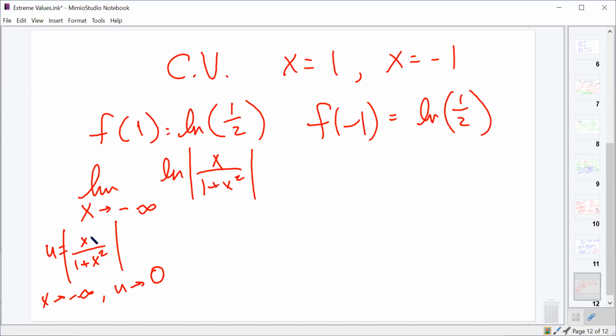So u is approaching 0. And if this is inside an absolute value, then it must be approaching 0 from which side? The left? No. If this is inside of an absolute value, I'm approaching 0 using only positive numbers. So I'll be approaching 0 from the right-hand side. Good or no?